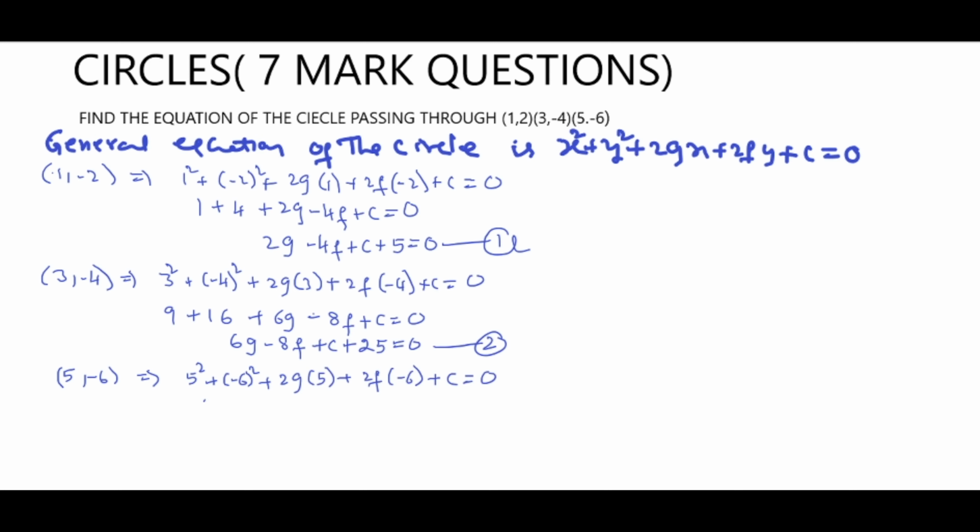That is 5 square 25, minus 6 square 36, plus 2g into 5 that is 10g, 2f into minus 6 that is minus 12f, plus c is equal to 0. Therefore 10g minus 12f plus c plus, here 25 plus 36 that is 61, is equal to 0. This is the third equation.